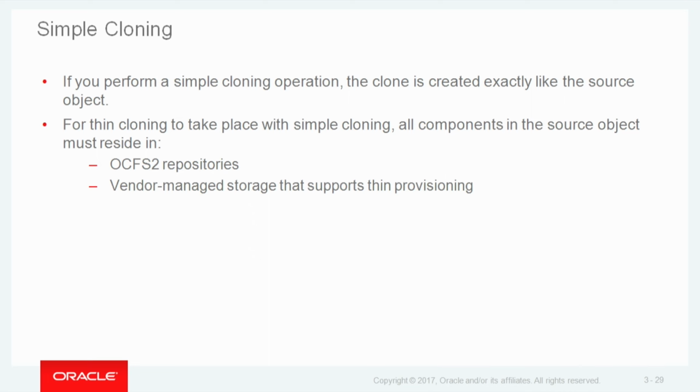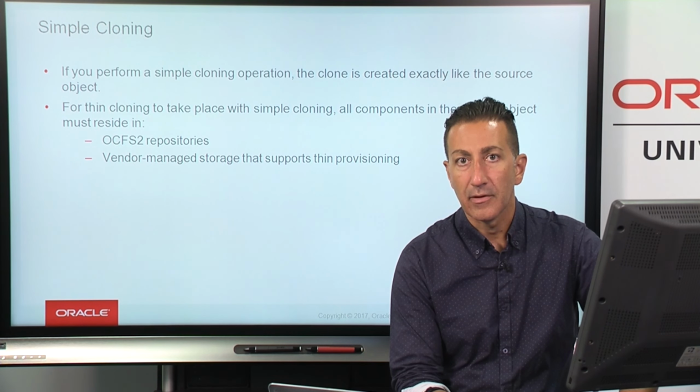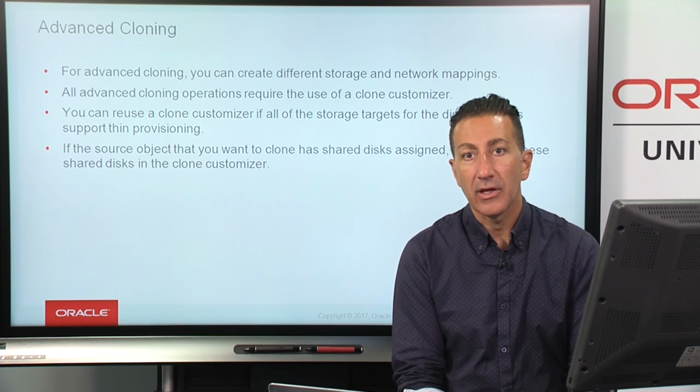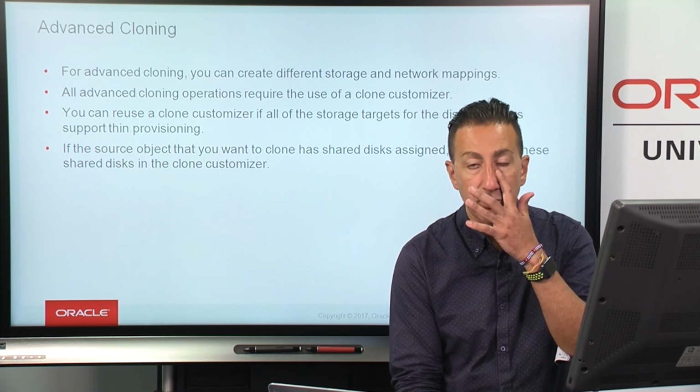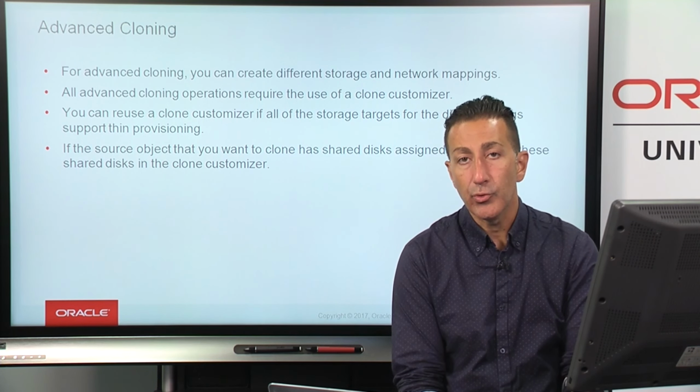Well, simple cloning is a simple step, and you need to provide very little information during the process. The other way is to use advanced cloning, where we work with what are called clone customizers. So you can create different storage and network mappings.